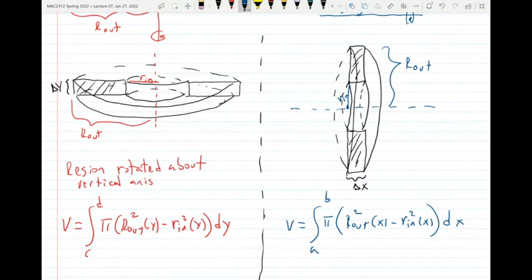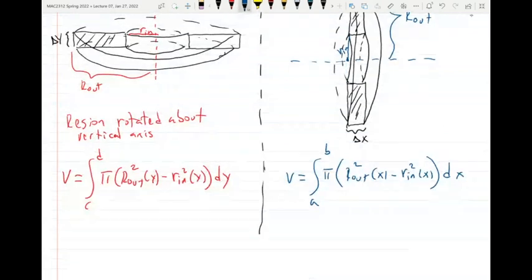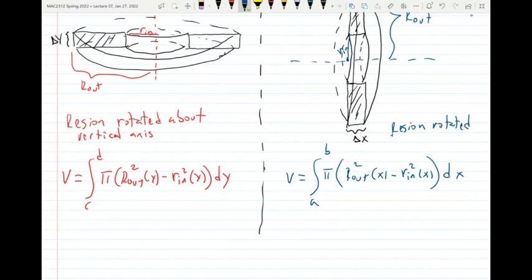That's the formula. And then this one is when the region is rotated about a horizontal axis. So the region here would be like the rectangle, right? No.